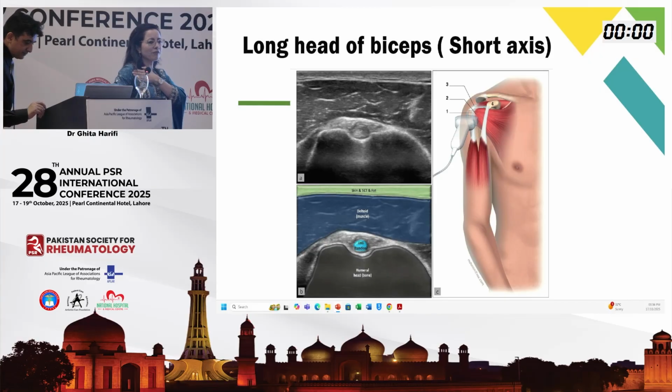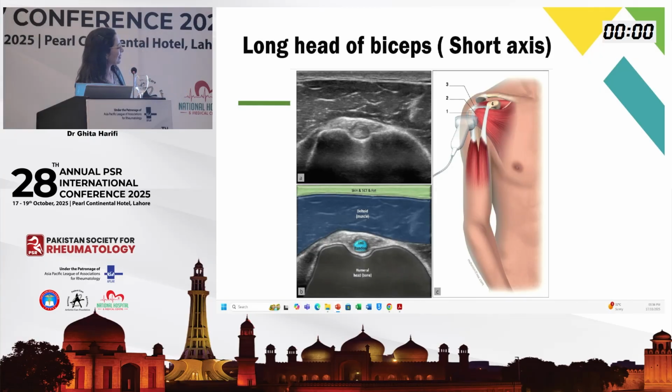Because these tendons have different orientation. So basically, for tendons in the shoulder and tendons in general, let's use the terminology of long axis, short axis. And then we know that we're referring to the tendon orientation and not the position of the probe, because it can be misleading sometimes. So long head of biceps, this is a short axis.